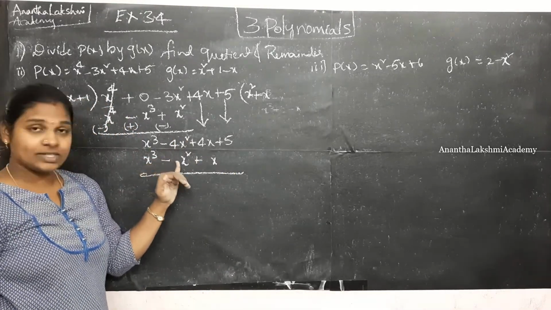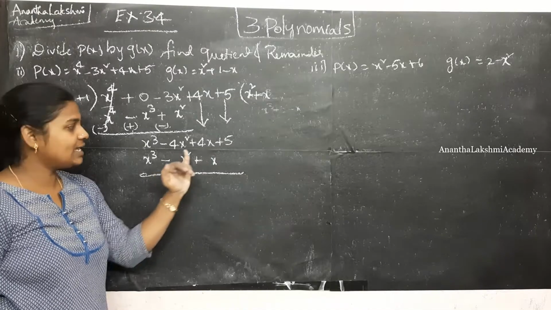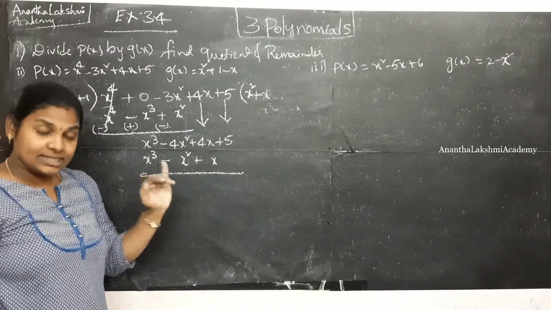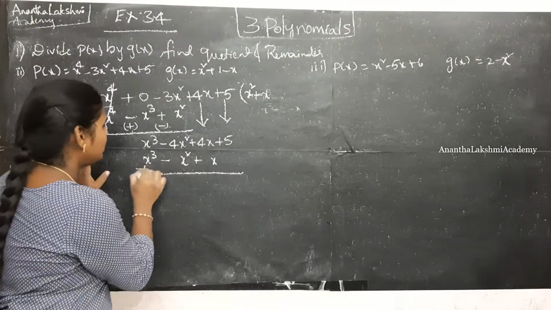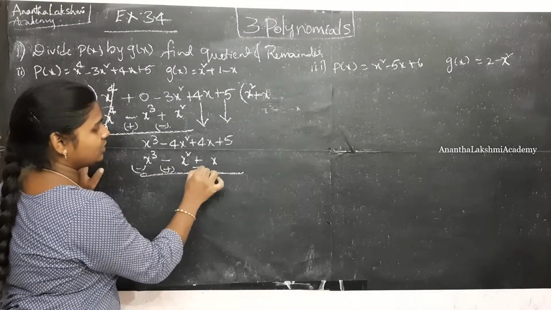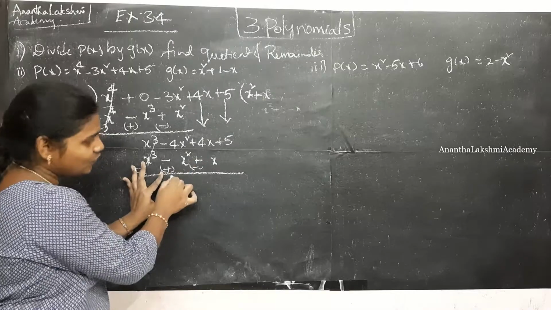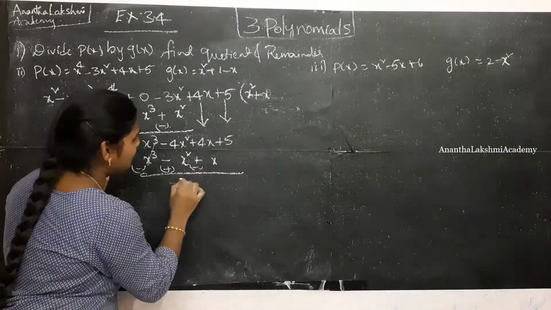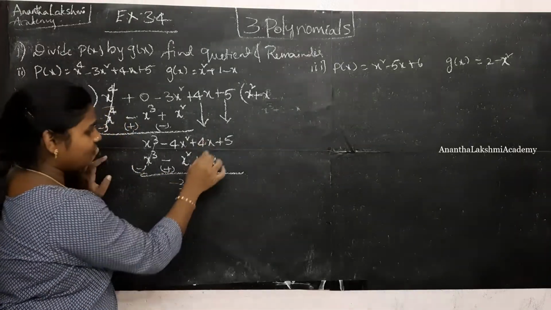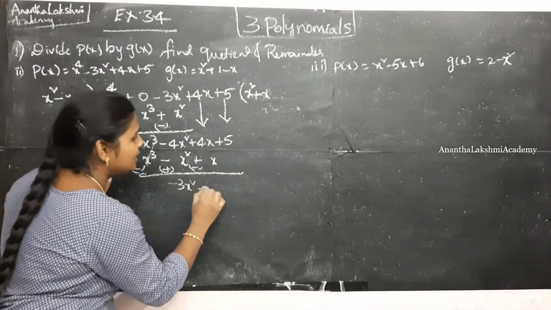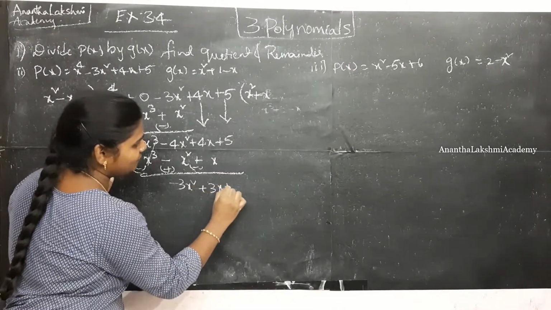See, there is no constant term, so I left the constant place and wrote just x square. This is how you need to write, else you will end up making mistakes. Now the signs change. X cube gets cancelled. Minus 4x square plus x square is minus 3x square, plus 4x minus x is plus 3x, plus 5.